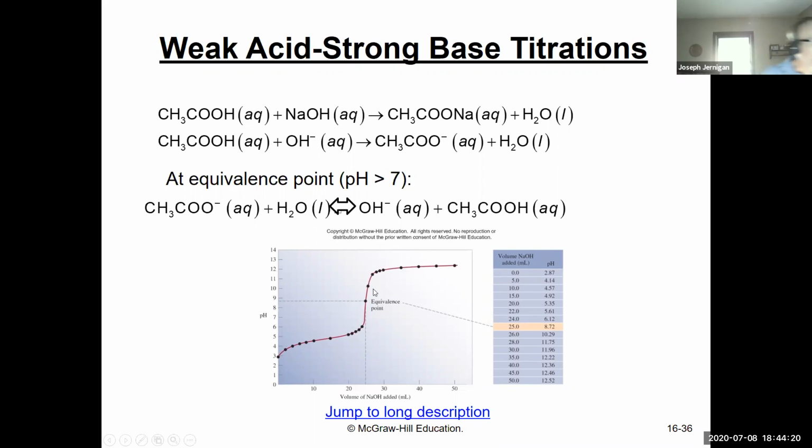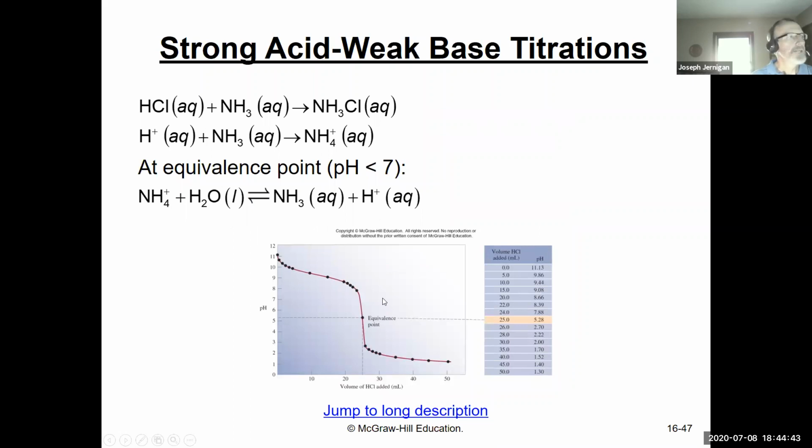So again, at our equivalence point, the number of moles of hydroxide from your titrant is going to exactly equal and have neutralized the moles in your unknown weak acid solution, and therefore you can use that as a basis for quantifying the weak acid in your system.